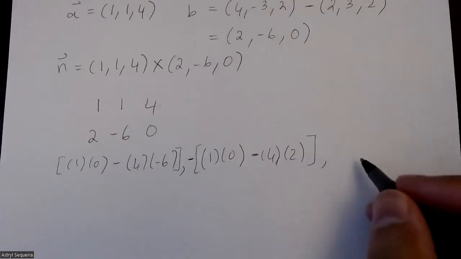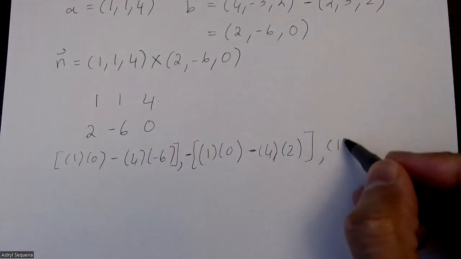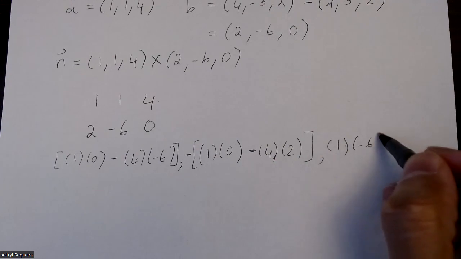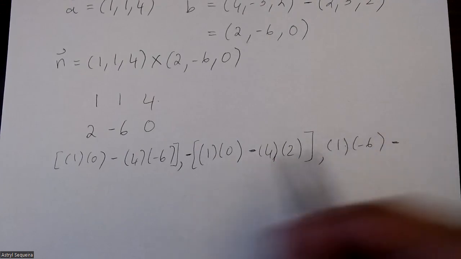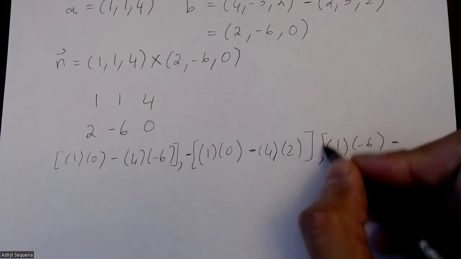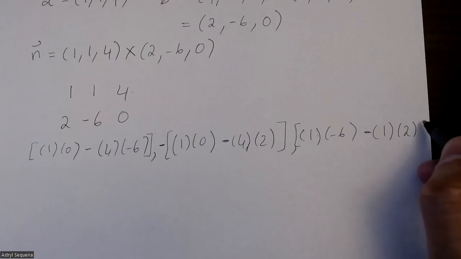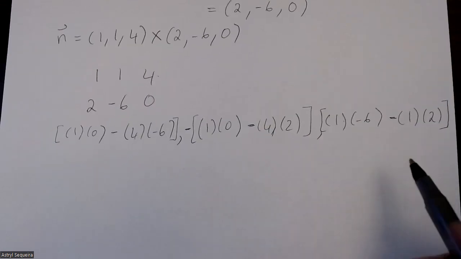And then for my z coordinate, 1 times negative 6 minus 1 times 2. I didn't explain the steps of cross multiplication here because you should already know this from the previous chapter.